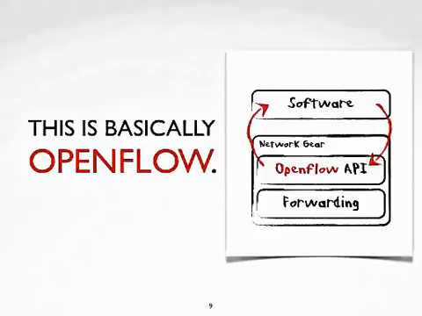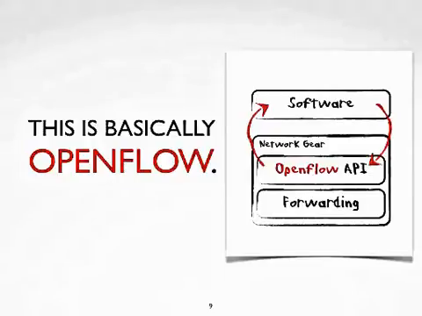That's basically exposing the primitives supported in hardware, and then you can access it in software and configure the box, configure this forwarding or data plane here. Does that make sense?